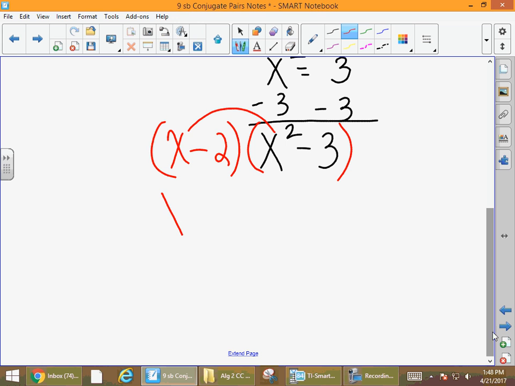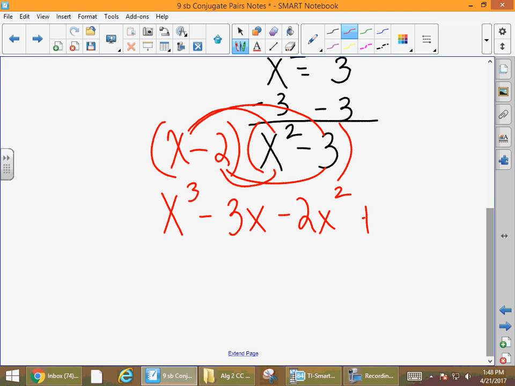x cubed minus 3x minus 2x squared. Negative 2 times negative 3 is positive 6.